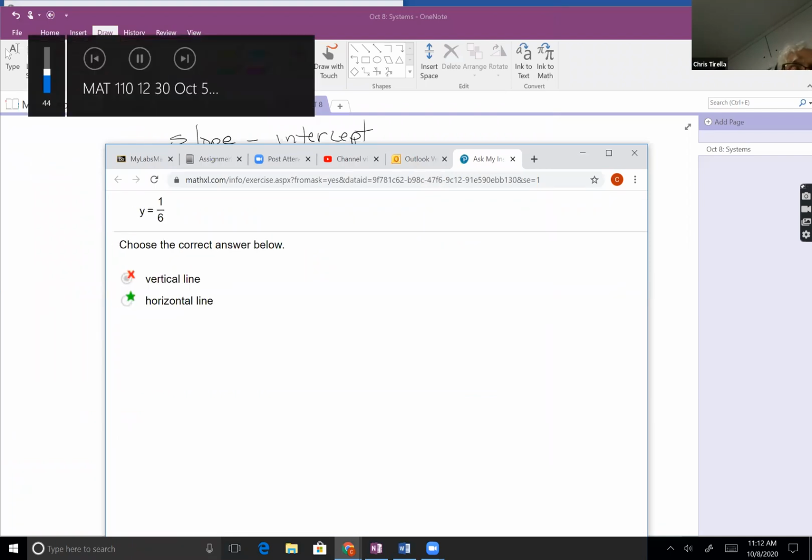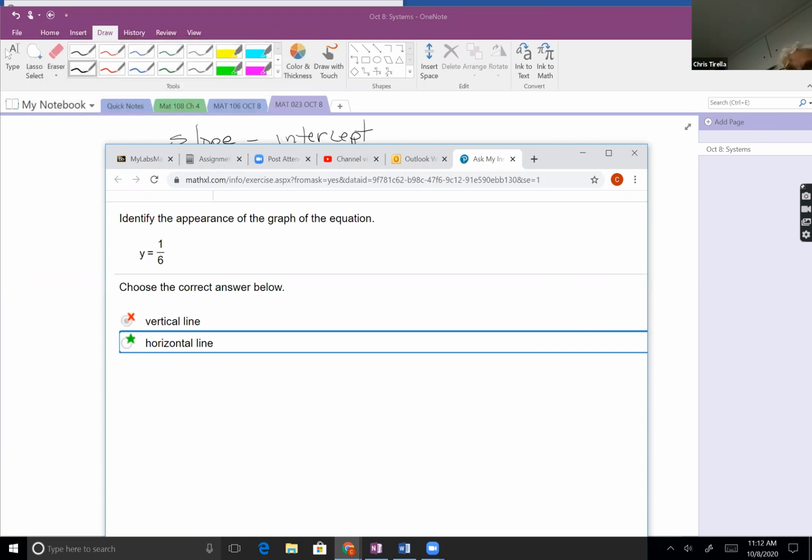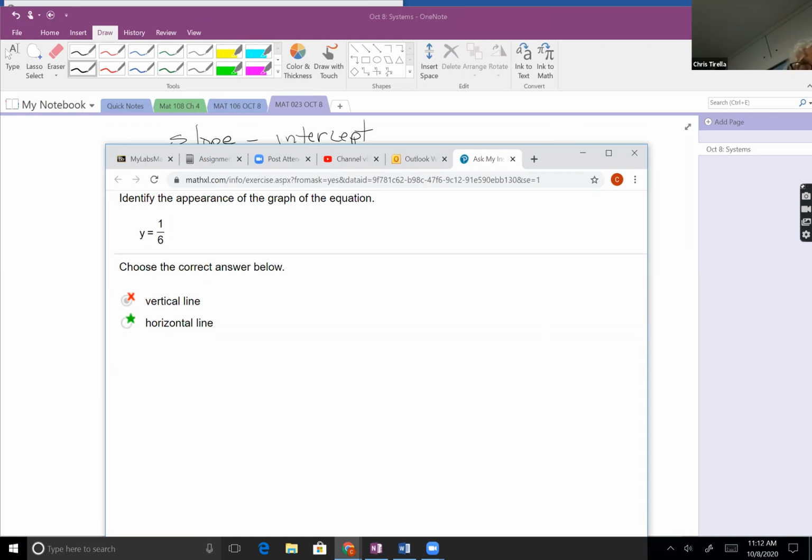The question was to identify the appearance of the graph y equals 1/6. If I were comparing it to y equals mx plus b, because there's no x, that b is 1/6.